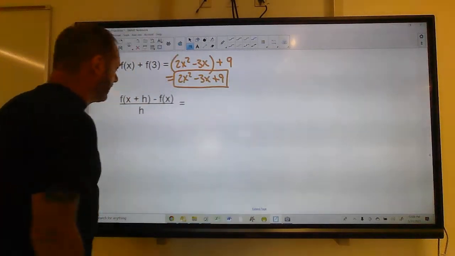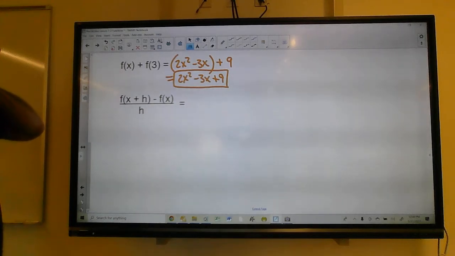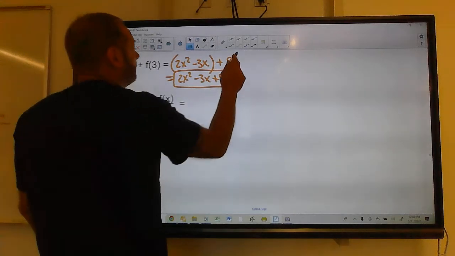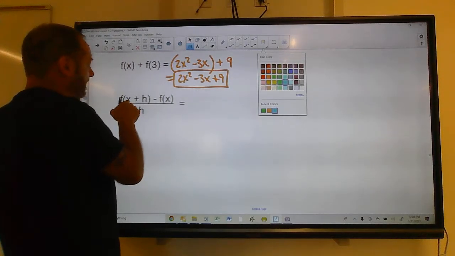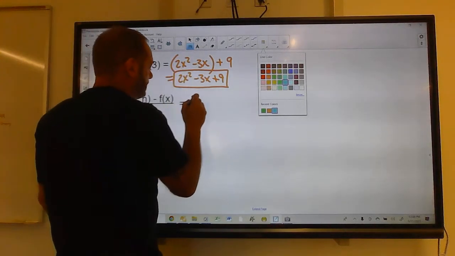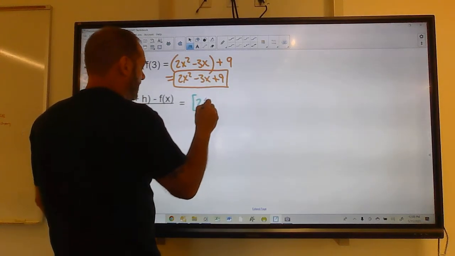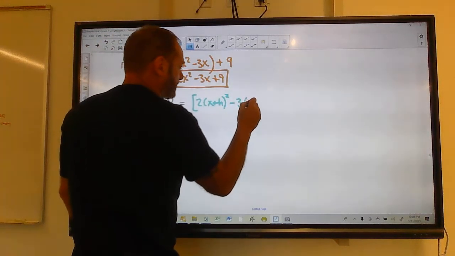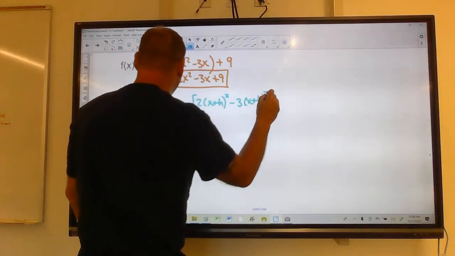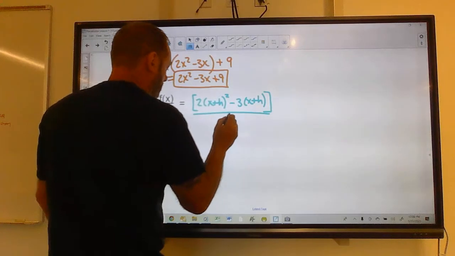Okay, what about this bad boy right here? We're going to come across this in calculus a bit. F of x plus h minus f of x divided by h. Okay, so don't freak out. It's not that difficult. I'm going to take x plus h, and I'm going to substitute it into this equation. So this is going to be 2 times x plus h squared minus 3 times x plus h, all over h.